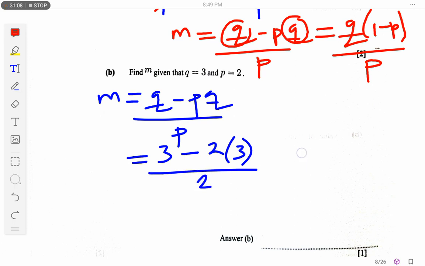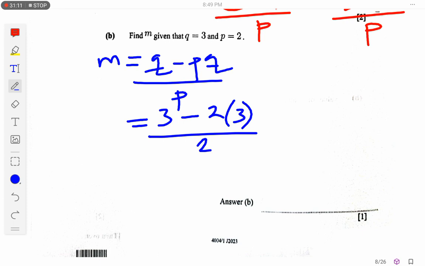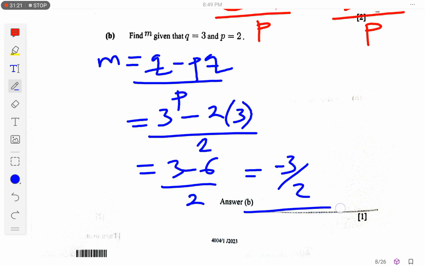Let's simplify. 3 minus 2 times 3, so we have 3 minus 6 over 2. So we have 3 minus 6, that's minus 3 over 2. So this is our final answer like that. Okay, let's move on, guys.